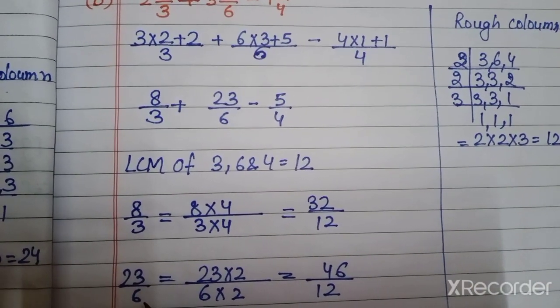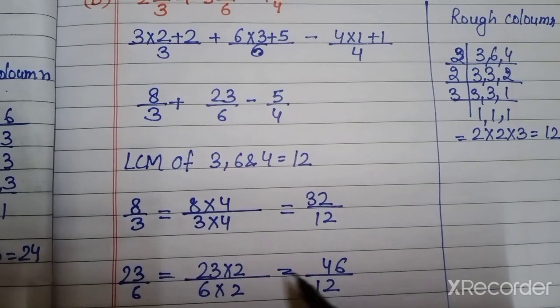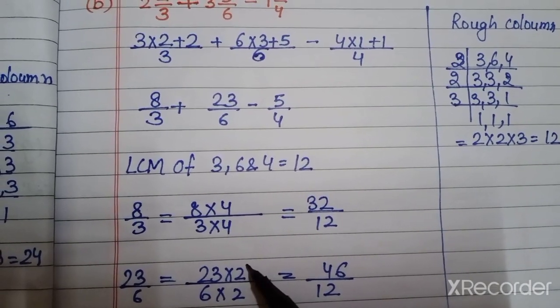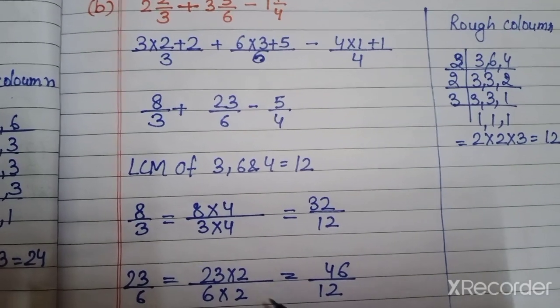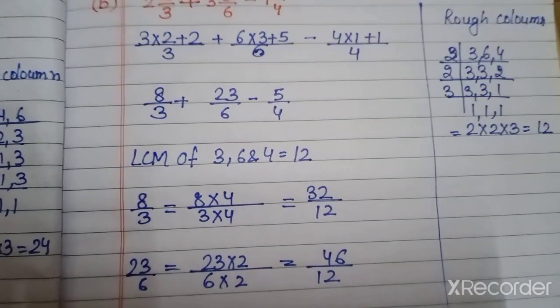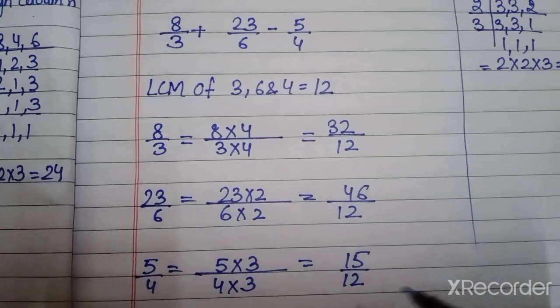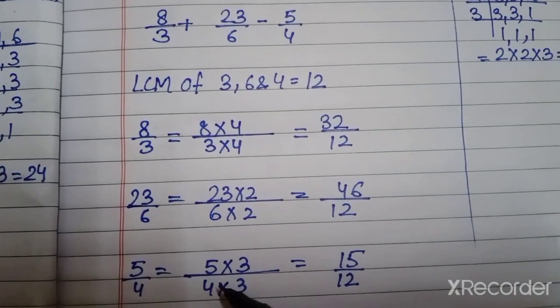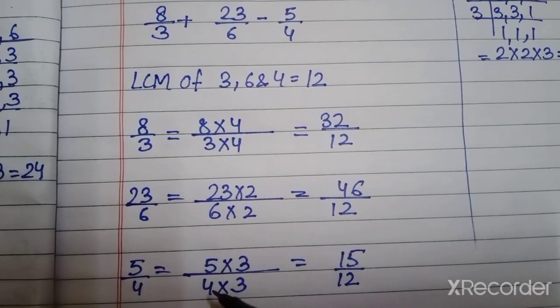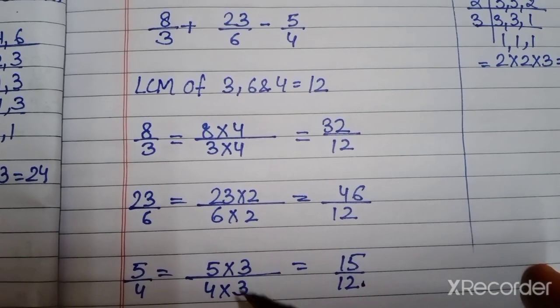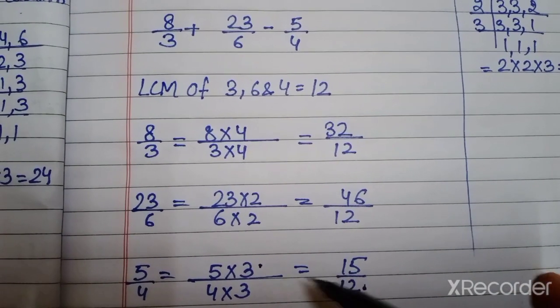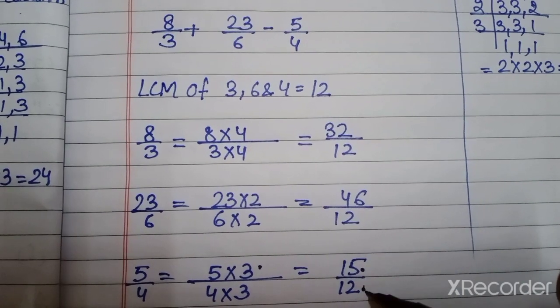Now 23 by 6. 6 twos are 12, so I have to multiply 23 also by 2. It's the same number, I have to multiply the numerator also. So what is the answer? 46 by 12. Then 5 by 4: 4 multiplied by 3, we get 12 as the denominator. The numerator also we have to multiply by 3, then we get 15 by 12.